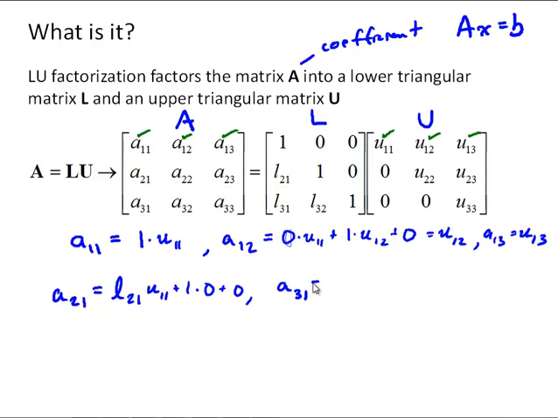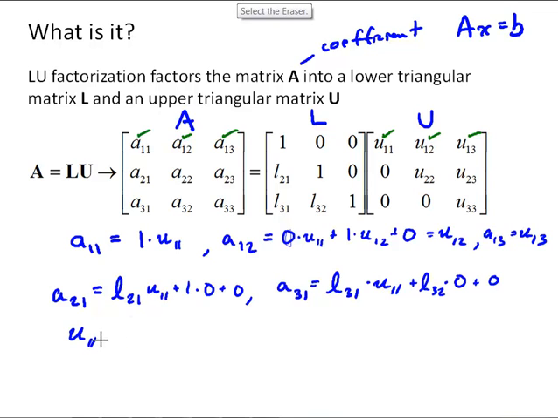A31 will equal L31 times U11 plus L32 times 0 plus 0.